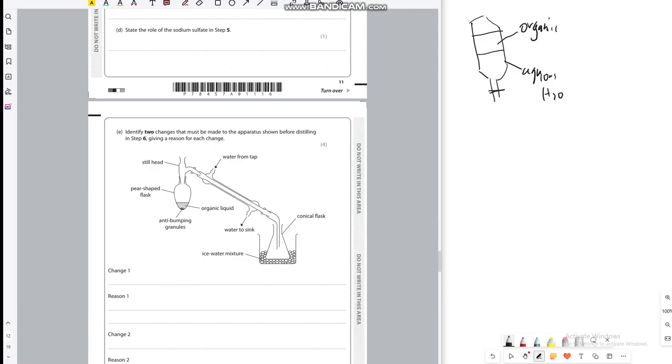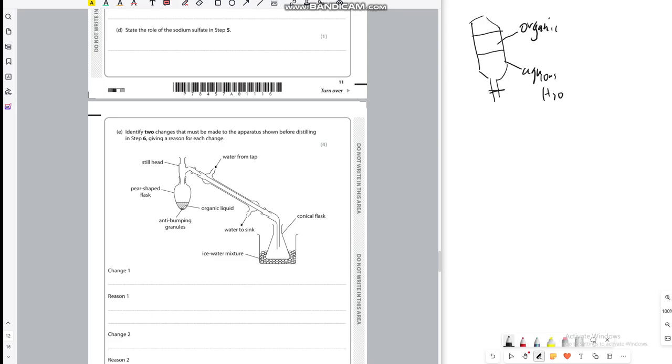Identify two changes that must be made to the apparatus shown before distilling in step 6, giving a reason for each change. So I see that the direction the water is moving is wrong. If you send the water from the top and it falls off from the bottom, there is no time for the water to stay there, so you can't remove the heat. So that's one mistake. The water has to be sent in the other direction.